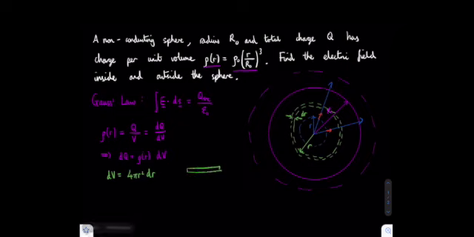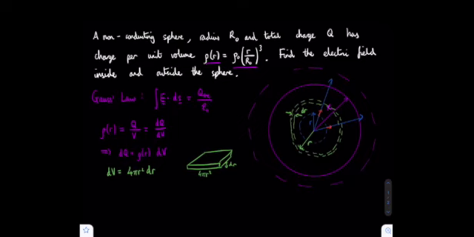If we stretch this out, we might get a surface like this with thickness dr and surface area 4 pi r squared. Then the volume of this object would be 4 pi r squared times dr. So this is the infinitesimally small volume.